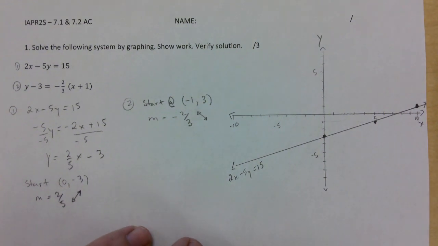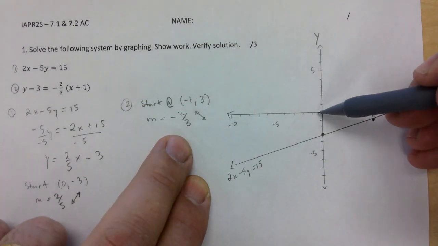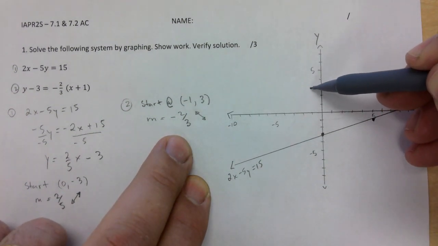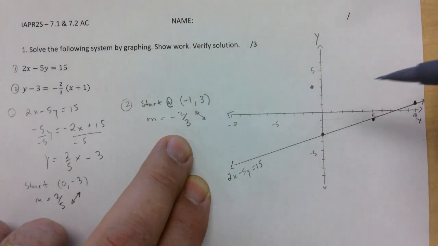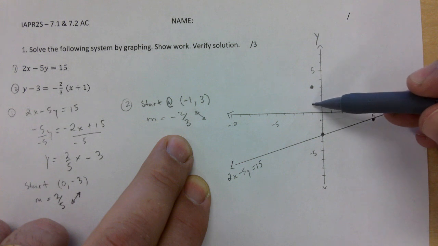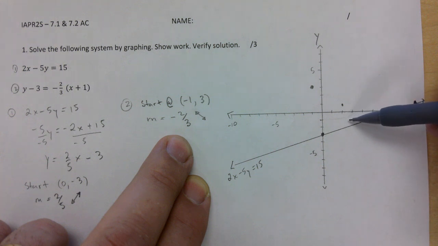Okay, and then you use your other point, which is (-1, 3). It's right there. And then you use a slope of -2 over 3. So you're dropping 2 and you run 1, 2, 3. And then you drop 2, you run 1, 2, 3. So you're supposed to line up right with that dot right there.